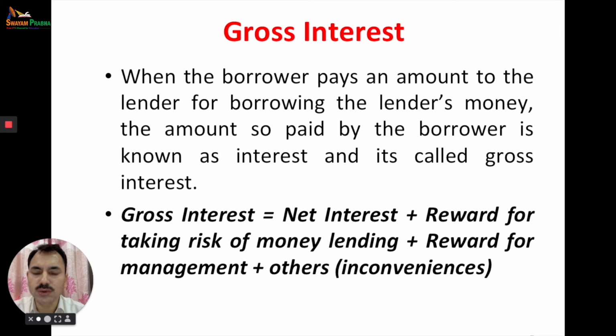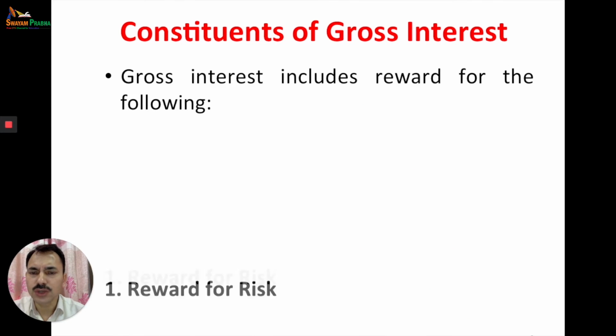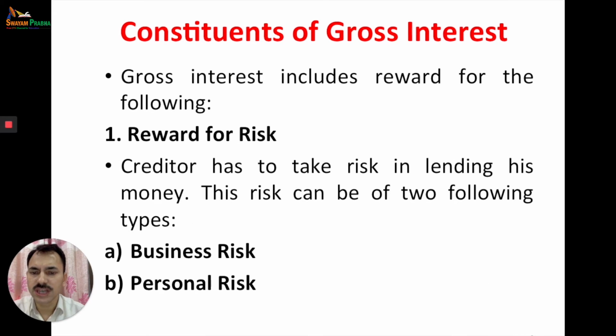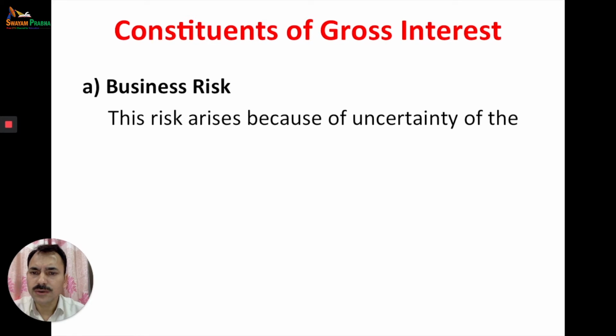Gross interest is equal to net interest plus a reward for taking the risk of money lending, plus a reward for management and other inconvenience. Basically, gross interest includes a reward for risk, and risk may be of two types. It can be business risk or personal risk. Business risk arises because of the uncertainty of the business.